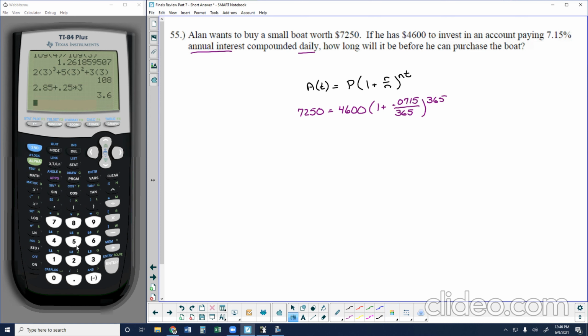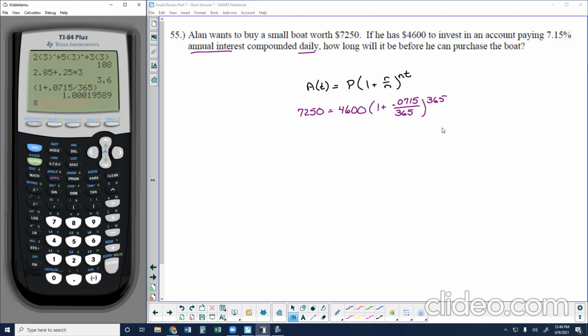So I'm going to go ahead and in my calculator round this number. Now I'm going to use that decimal later, but just to write it down, I'm going to do 1 plus 0.0715 divided by 365. Now again, I'm going to use this decimal later, but when I write it down, I'm just going to write this as approximately 1.00.